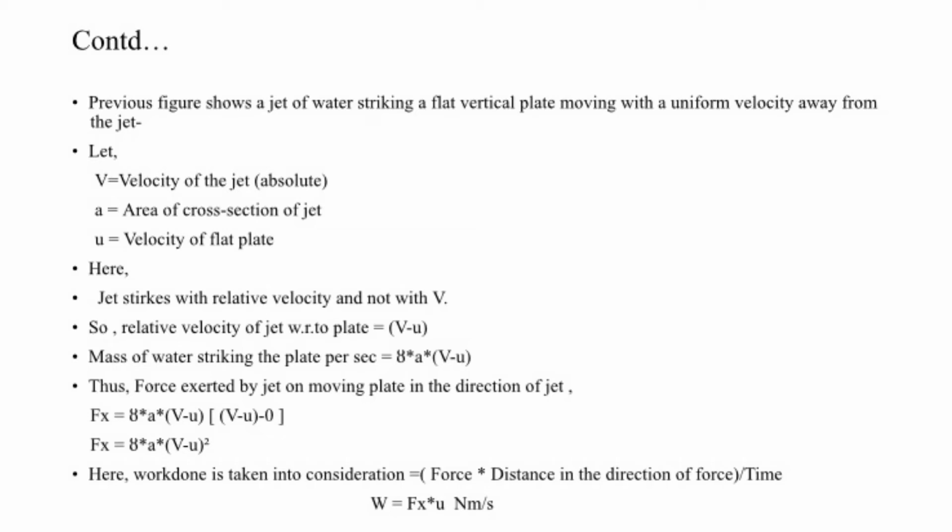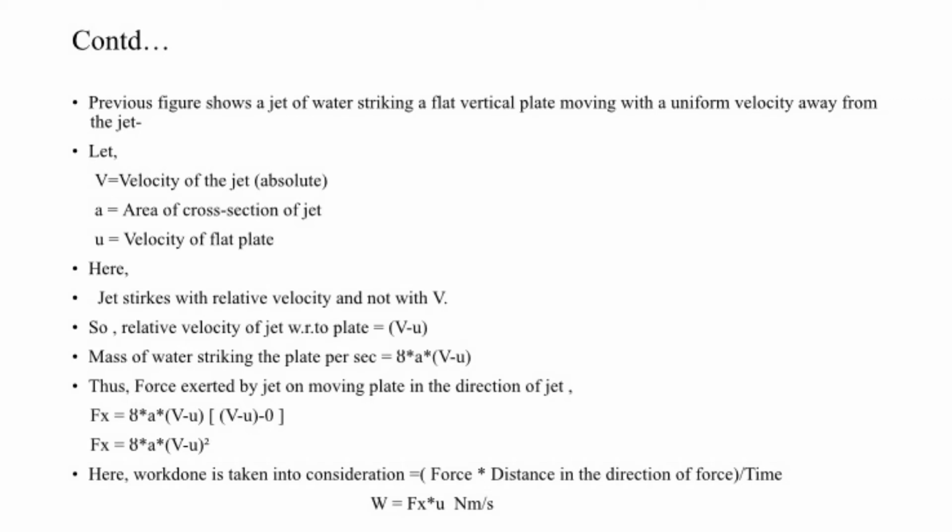Therefore work done, as this plate is a moving plate, has to be considered. Work done is given by force into distance in the direction of force divided by time. Force is nothing but Fx, and distance in the direction of force divided by time is nothing but u.